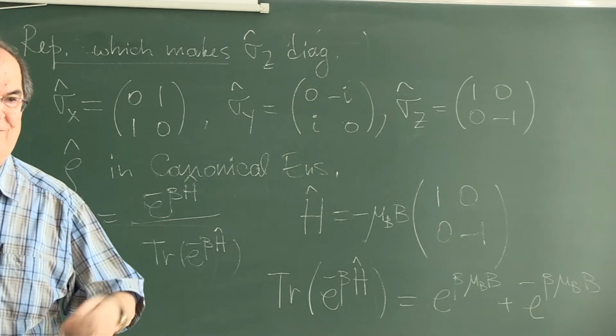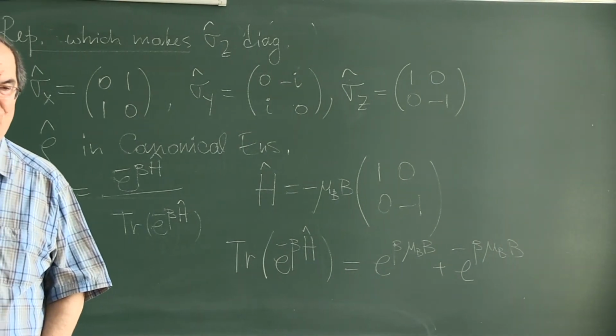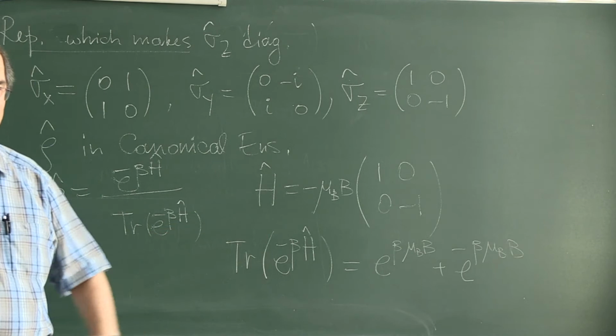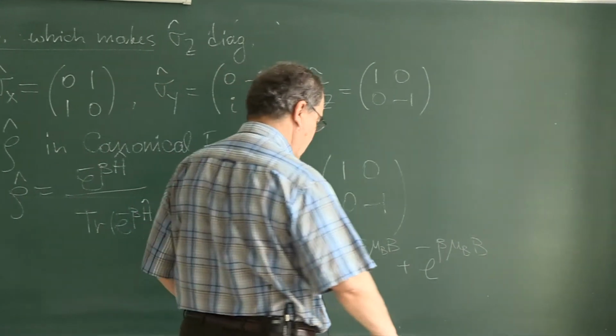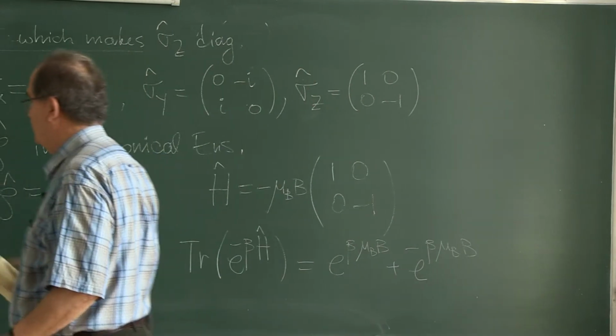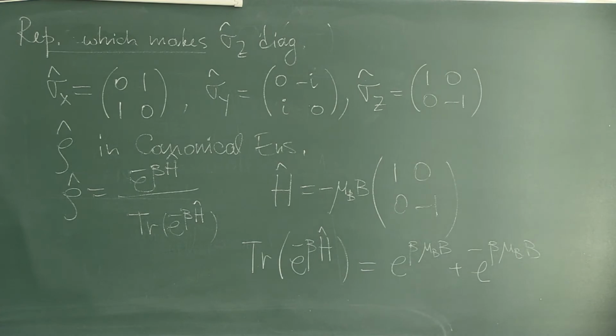Sum over e to the minus beta E_n is exactly the same, isn't it? Two states, against and along the magnetic field. Wonderful.